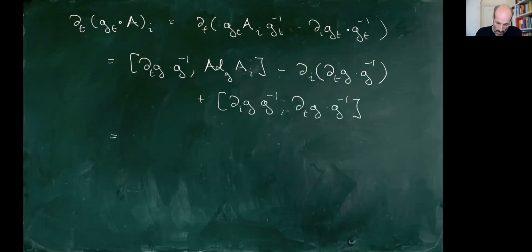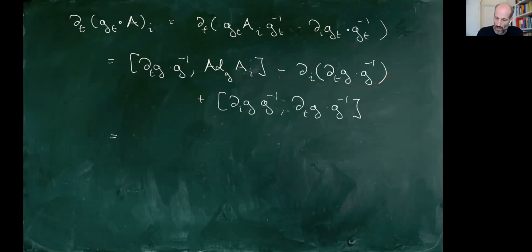I see that these two terms together are actually just g acting on A. While here it comes with a plus, it's on the other side of the commutator, so maybe I should have written a minus here and swapped the two terms. Then you see that you get g acting on A commutator with dtg g inverse, and here you get the spatial derivative of dtg g inverse.